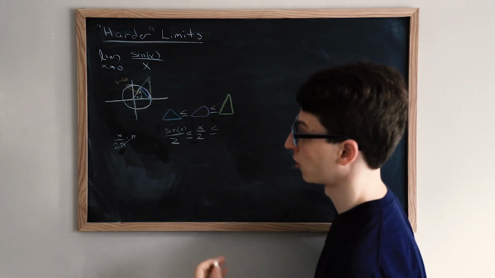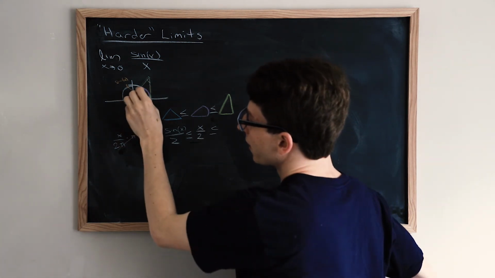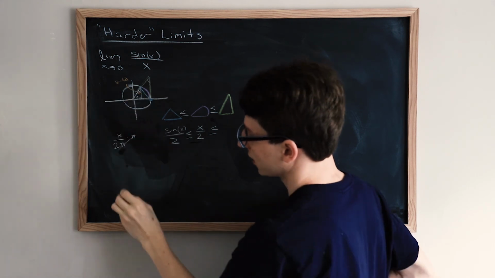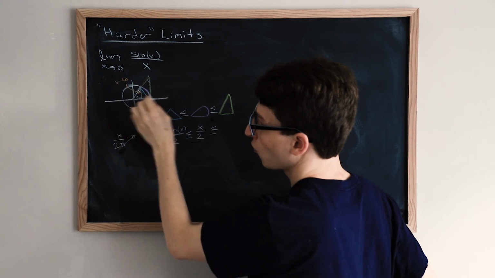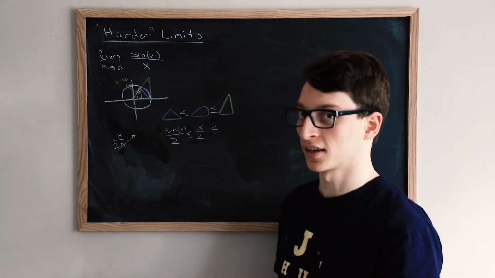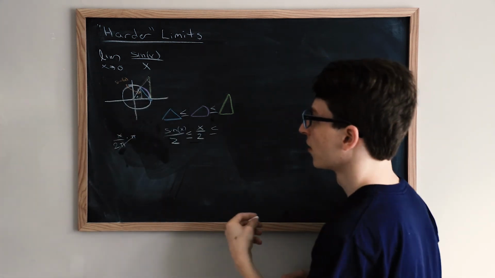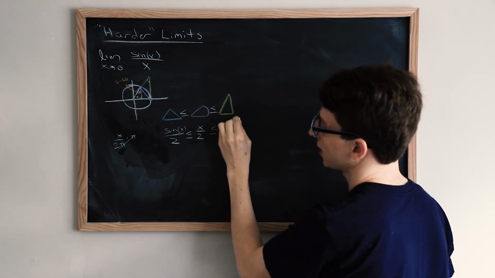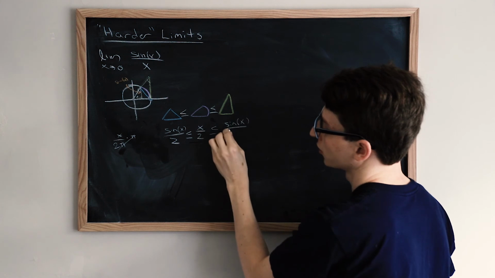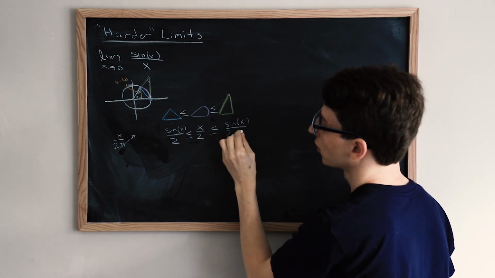So these are similar triangles, and this height over this height is sine over cosine, and this height is something over 1. So it's sine over cosine over 1, or tangent. And then we also have to divide it by 2. So I'm going to go ahead and write this as sine of x over 2 cosine of x.